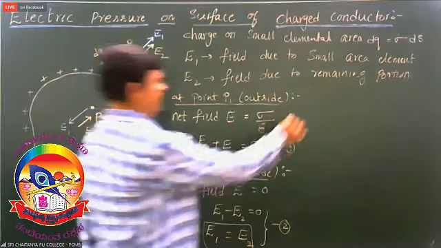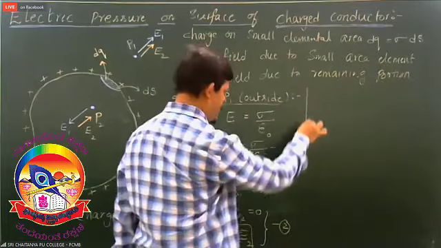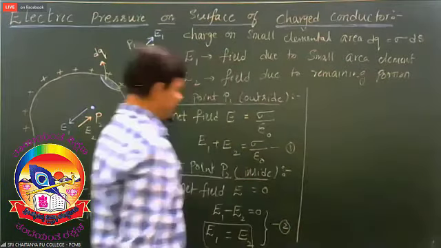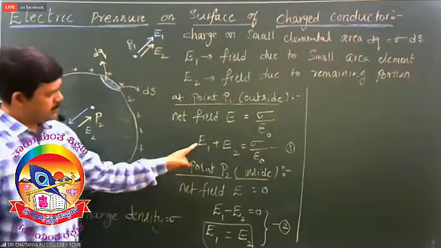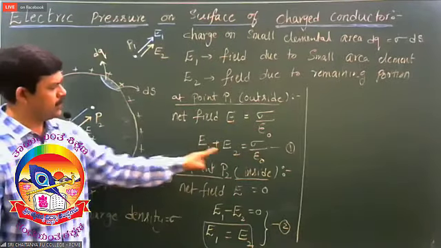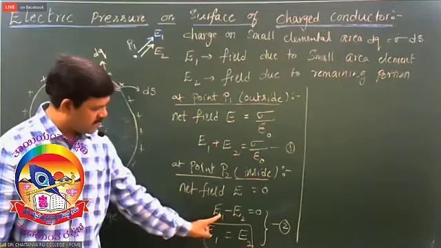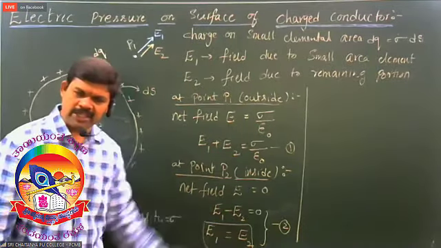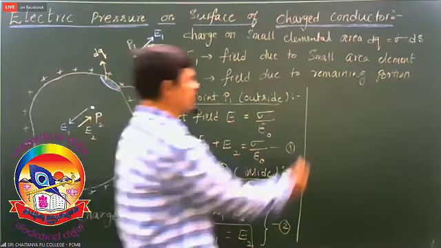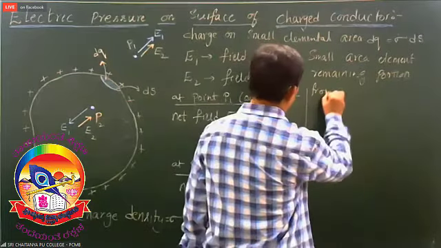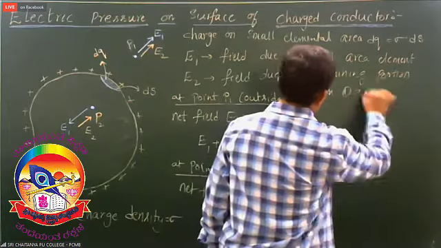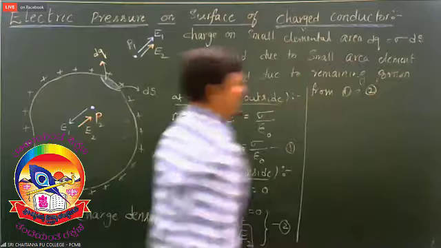Well, this first relation tells you E1 plus E2 is equal to sigma by epsilon naught. This second relation tells you E1 is equal to E2. From 1 and 2, what can we write?